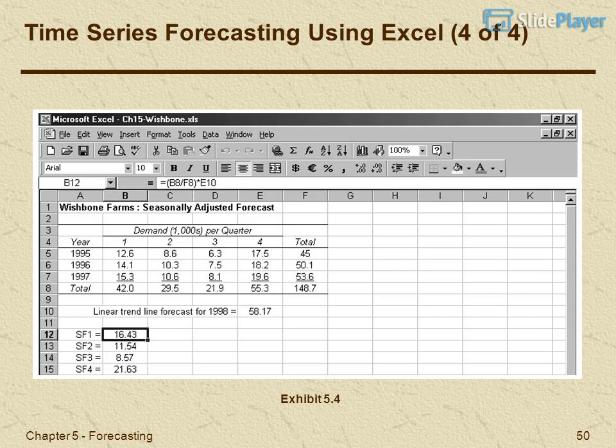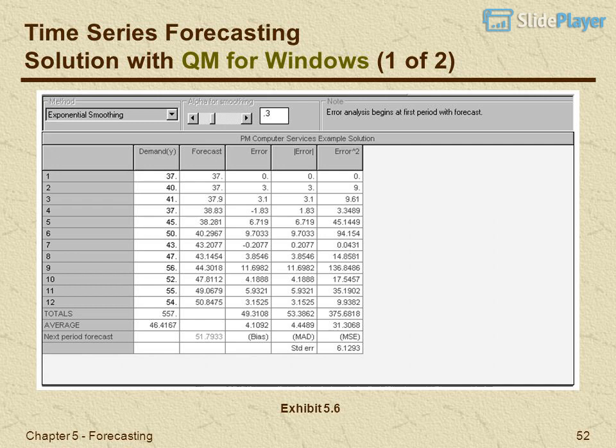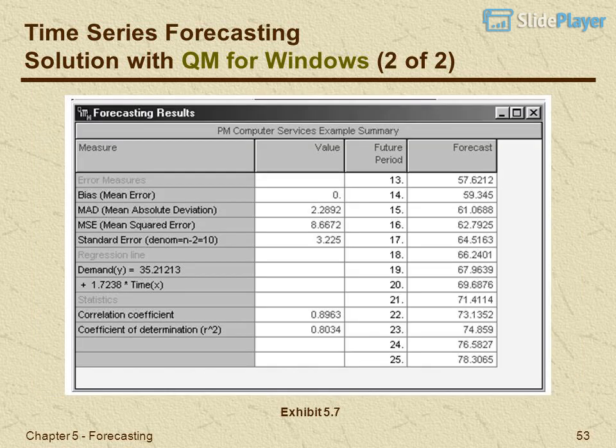Exhibit 5.4. Exponential smoothing forecast with Excel QM. Exhibit 5.5. Time series forecasting solution with QM for Windows, 1 of 2. Exhibit 5.6. Time series forecasting solution with QM for Windows, 2 of 2.